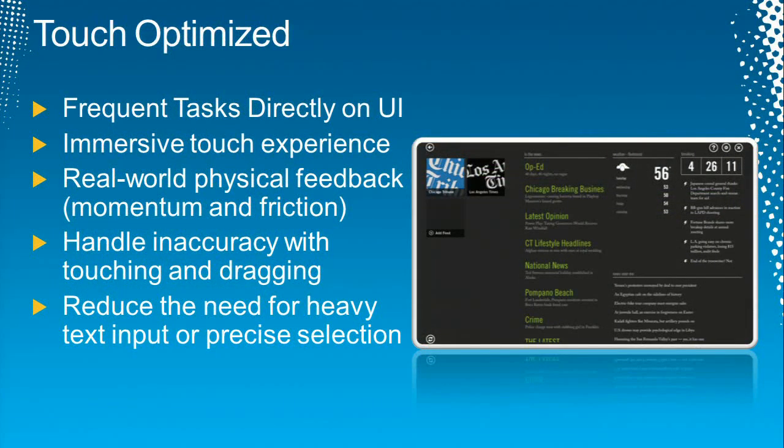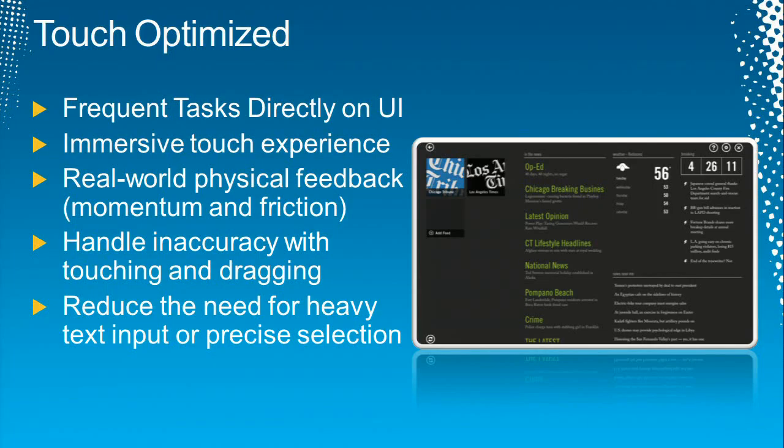Touch optimized is the best you can do. This is usually where you're starting to actually implement the APIs, and you have frequent tasks right on the UI. It's designed for touch. You generally have some kind of physical feedback mechanism, meaning that if I do a pan and I let go with a rapid rate, inertia takes over and I get a slow deceleration.